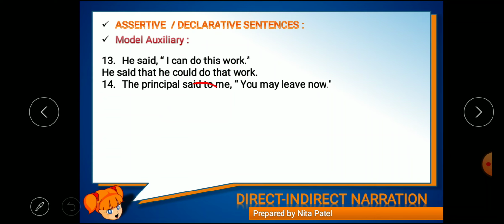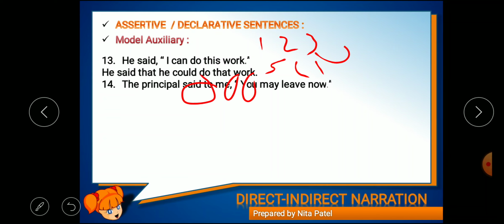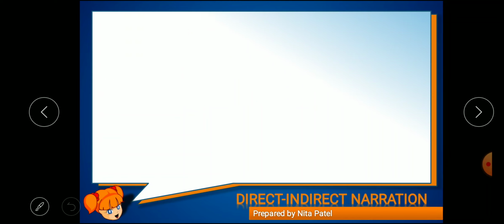The principal told me that, you is the second person, will convert according to the object of the reporting verb. What is the object? Me. So the principal told me that I might leave then. I might leave then. Right?